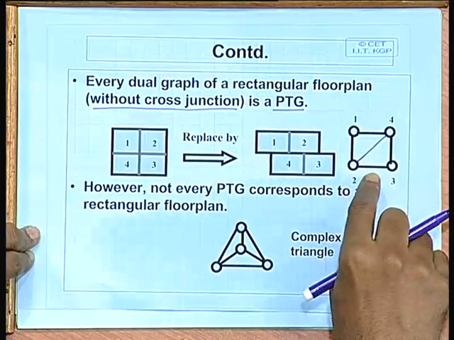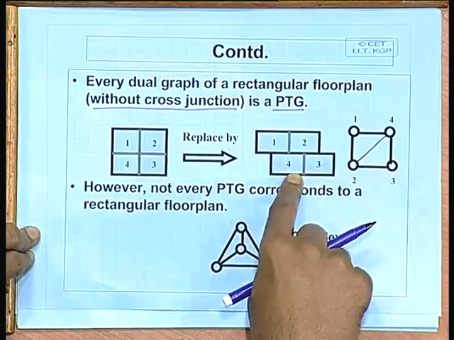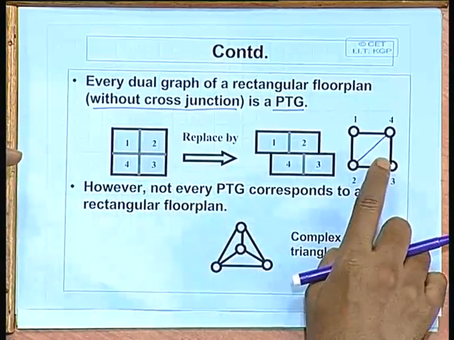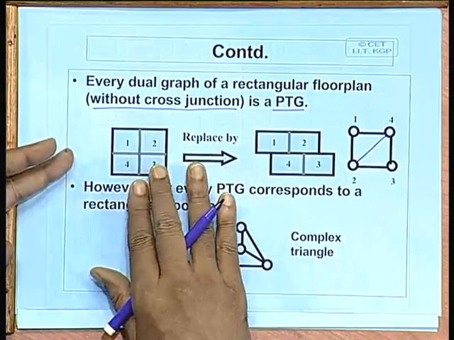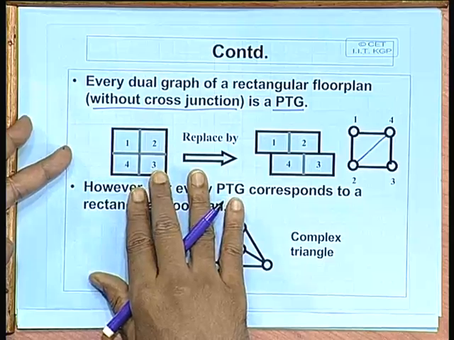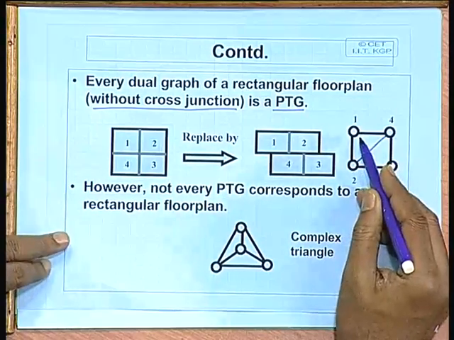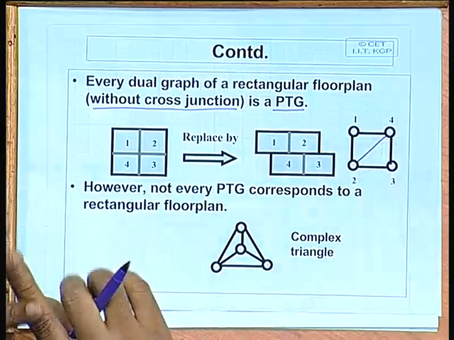If you make it triangulated, it is easy to convert it, because the algorithm can very easily convert this into a corresponding floor plan. But if there are non-triangulated faces, it can create problems, because in general the faces can be of sizes 4, 5, 6, so it creates a problem in making the layout.